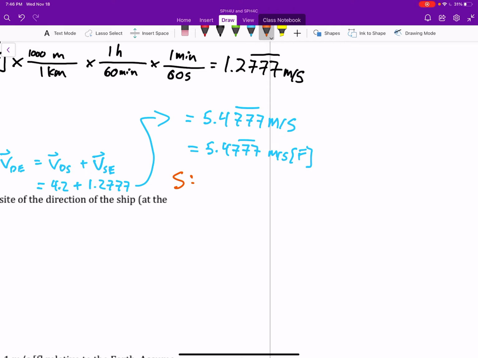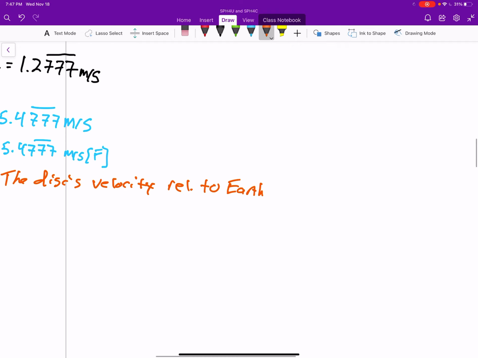The number 7 is above 5. Round up. 5.5 meters per second forward.